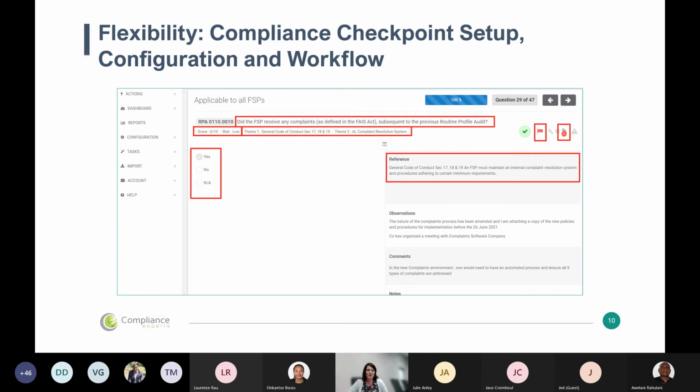An example question, what it will look like on the system. You're able to attach various scores to the questions or even themes, and question responses can be included either in checkboxes, drop-downs, or even in free text format. And you can include more information relating to the requirement as well. So we believe this can create additional transparency in terms of the regulatory requirement.